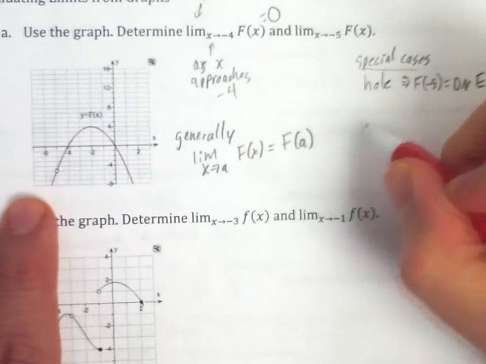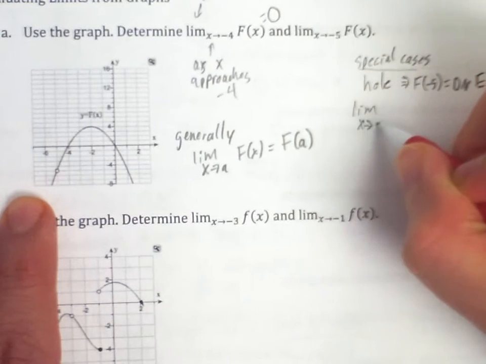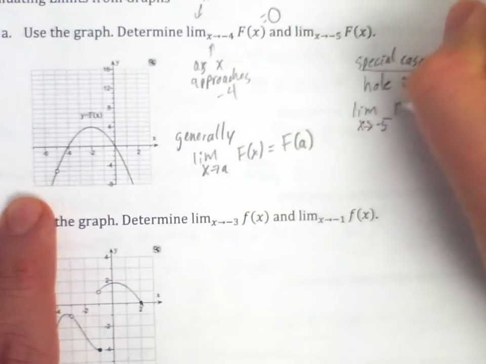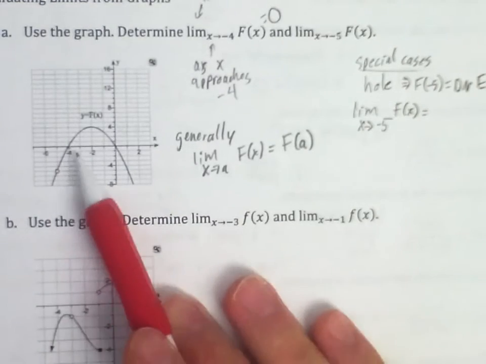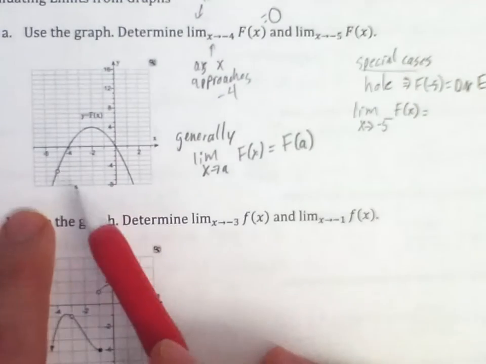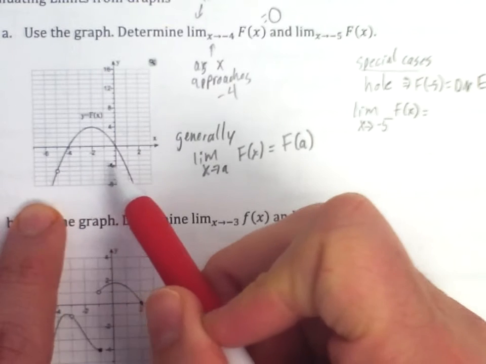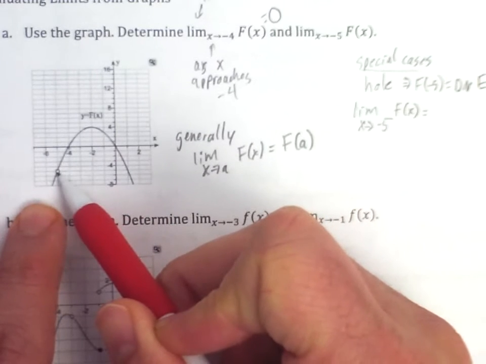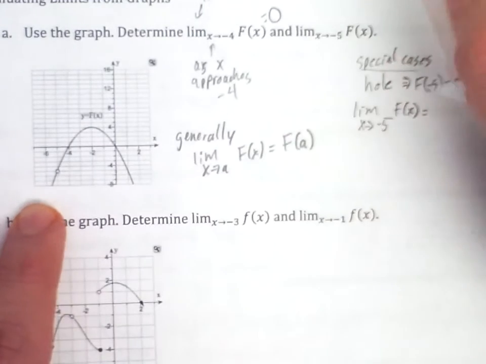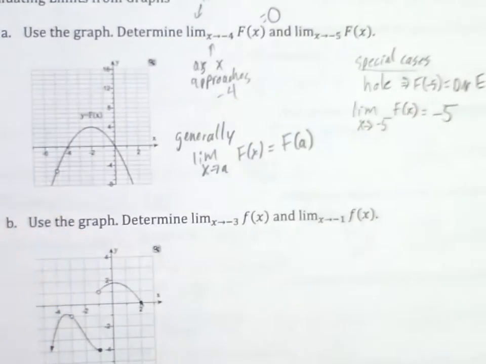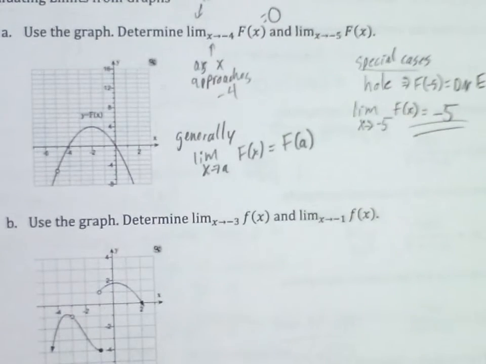But the limit as x approaches negative 5 of f of x is just where that is. It's still the y value, the f of x value we would have there, which is actually also negative 5. This is negative 4, the next line is negative 5. So the value would be negative 5 if we were on that. So that's our answer for that one.